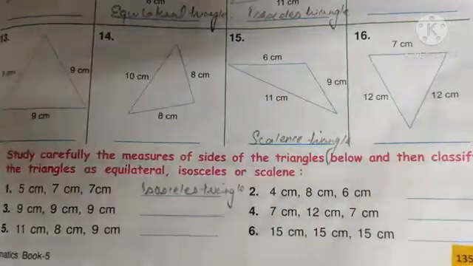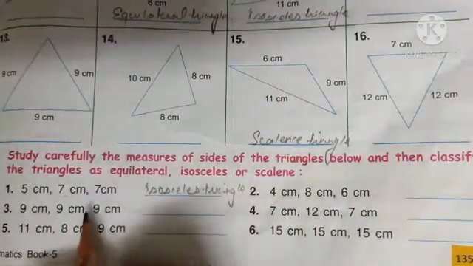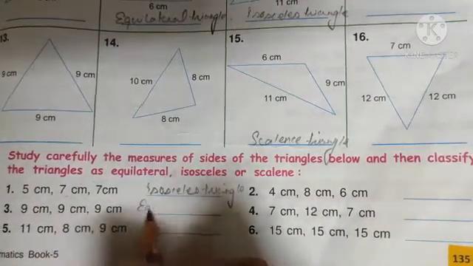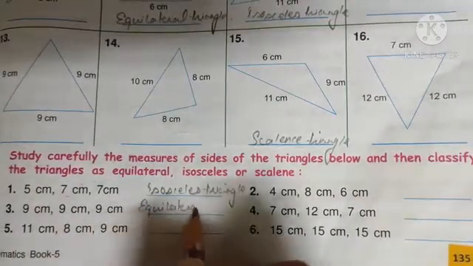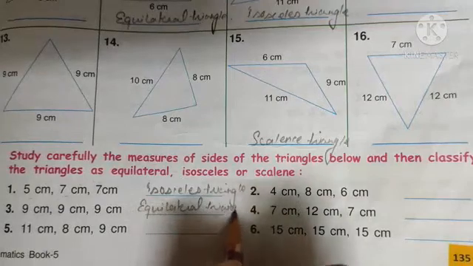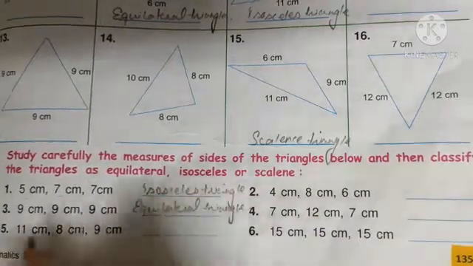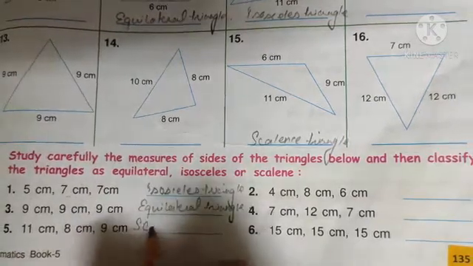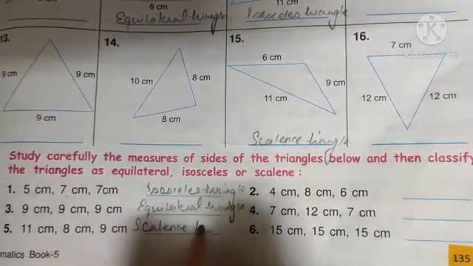And here number 3, all sides are equal, all sides of 9 centimeter. So this is an equilateral triangle. Now number 5, all sides are of different length, so this is a scalene triangle.